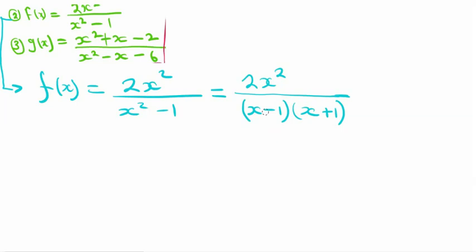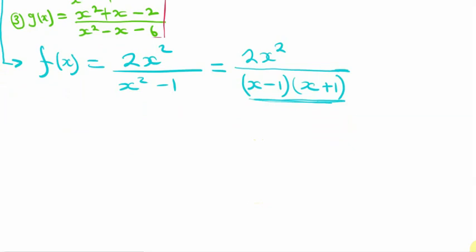But this doesn't help us with the numerator, so there's nothing that factors out. Actually, it helps us to get the zeros of the denominator. So let's go ahead and plot it.